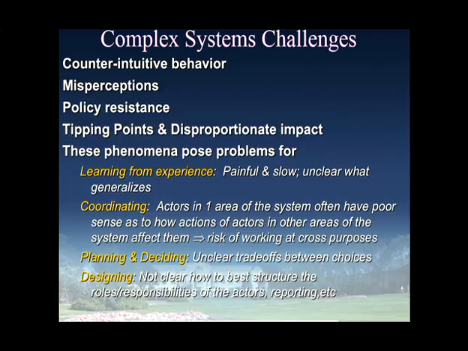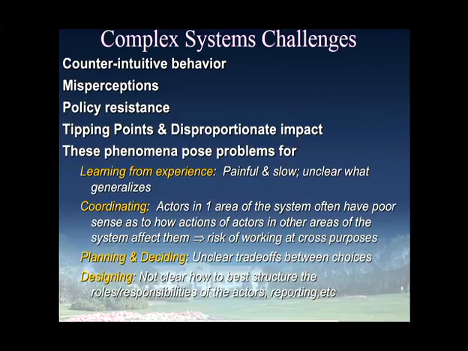We might be in a situation where if we undertake an action, we dilute or defeat the policy by virtue of the system's feedback structure. And these phenomena, in the presence of tipping points, pose real problems for learning from experience, learning from what worked in Vancouver and applying it to Regina, to coordinating different pieces of the system, and to planning and deciding and designing effective systems.